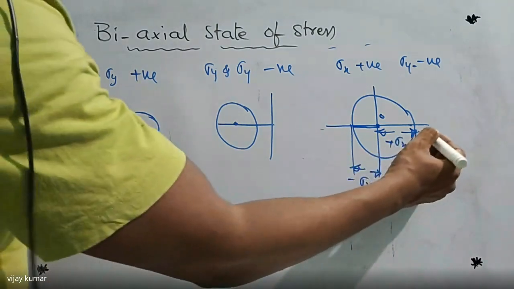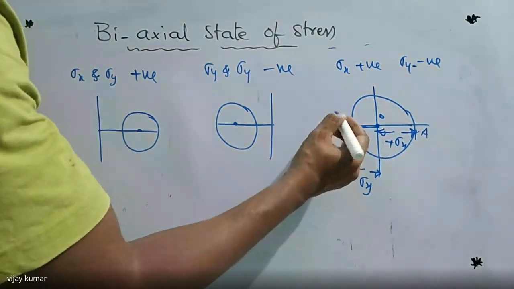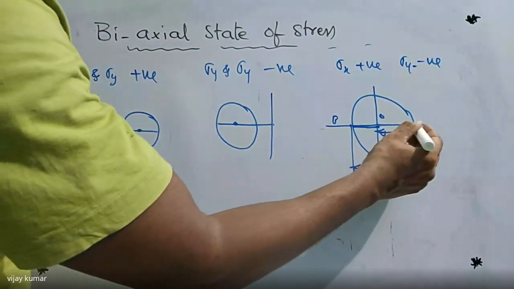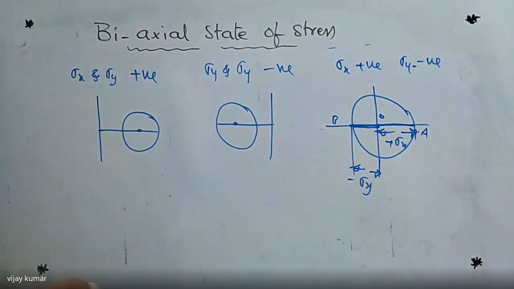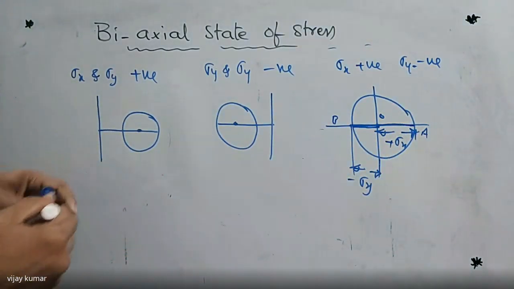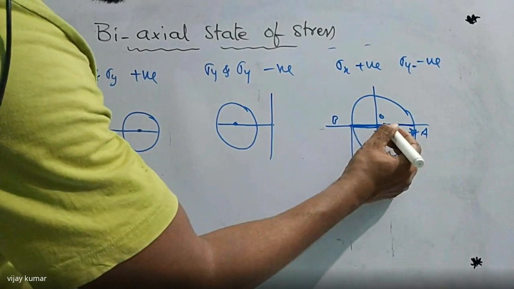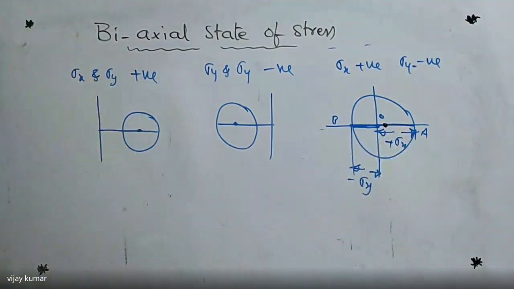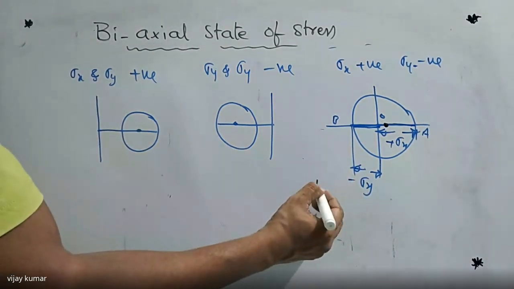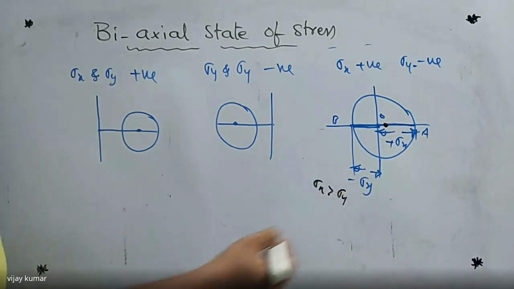Then we can take this value as A and this value as B, and divide this line AB into two equal parts. Then we get the center of the circle. Got the point or not? We get it like this when sigma x is greater than sigma y. Sometimes sigma y is greater than sigma x also.